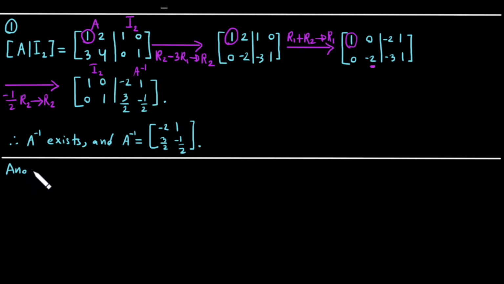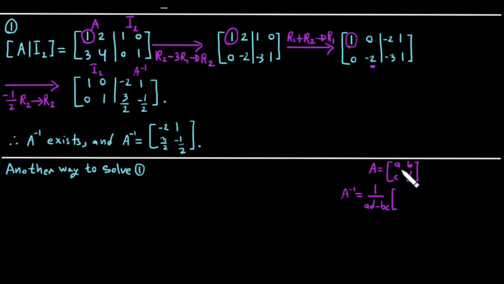Another way to solve 1. As I told you before in the review, A equal, for example, A, B, C, D, A inverse can be computed by using this formula: 1 over AD minus BC, which is the determinant.